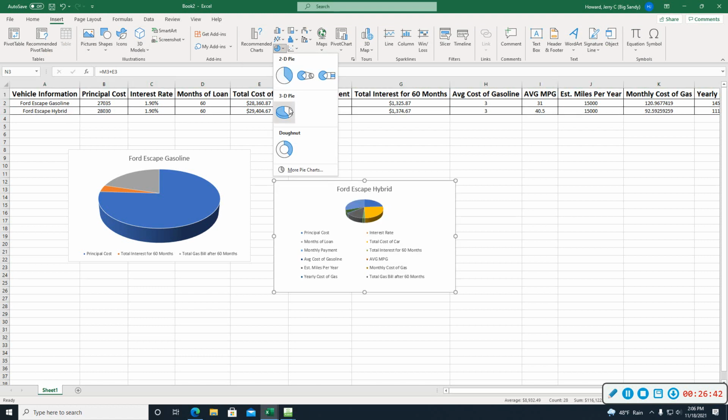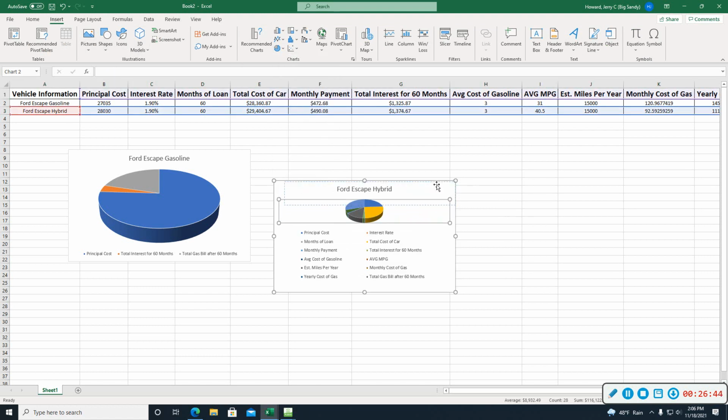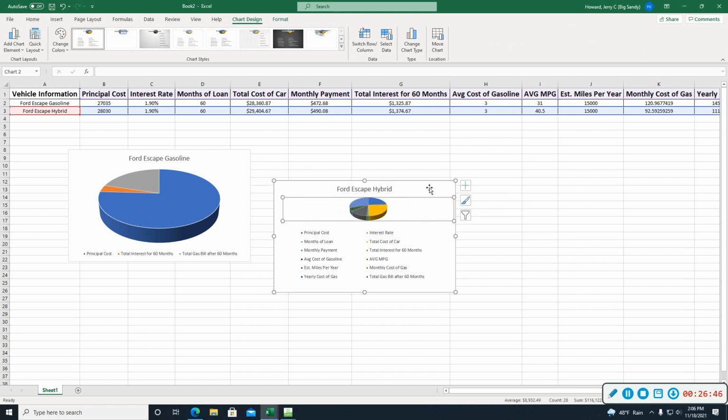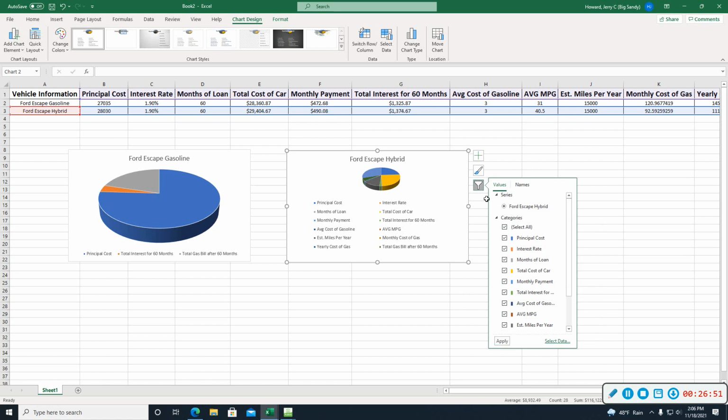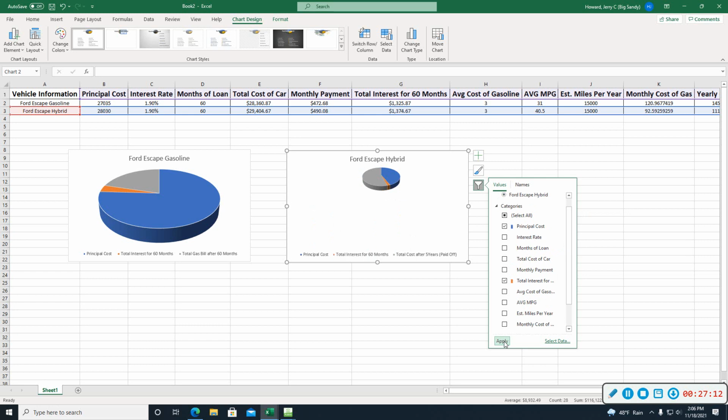I want to do my 3D pie chart, bring it up here, bring that back down, pull that up, and again I'm going to go through and turn everything off. I just want principal cost, total gas bill, and one more, the total interest right there, and apply.